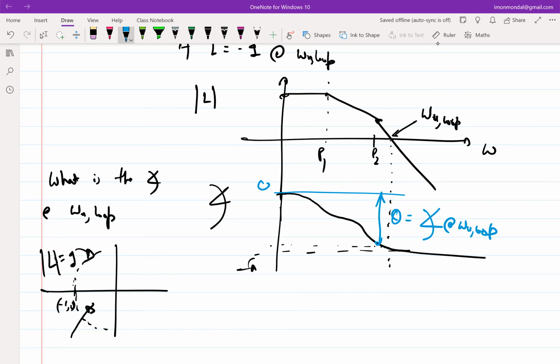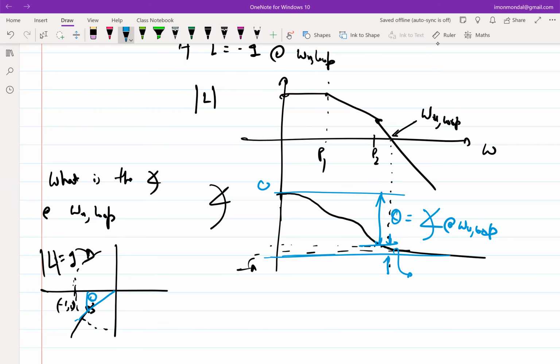Right? So how much margin do I have now from instability? So what is theta? Theta is this. What am I looking for? I am looking for how much excess phase lag I need to give to hit minus pi, right? So if minus pi is somewhere over here, this is the margin that I have.